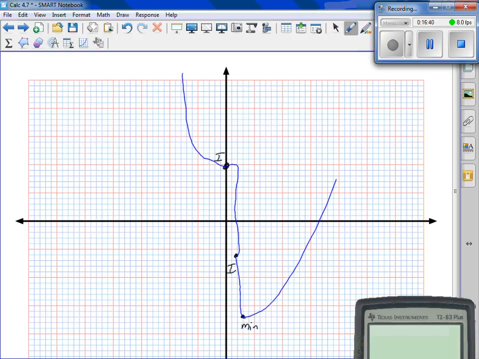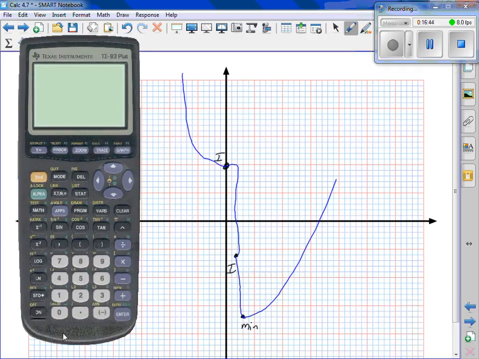This is the graph. If I were to graph the original function, the original function was x to the fourth minus 4x cubed plus 10.